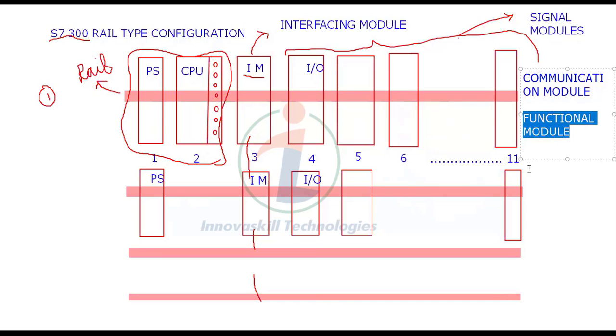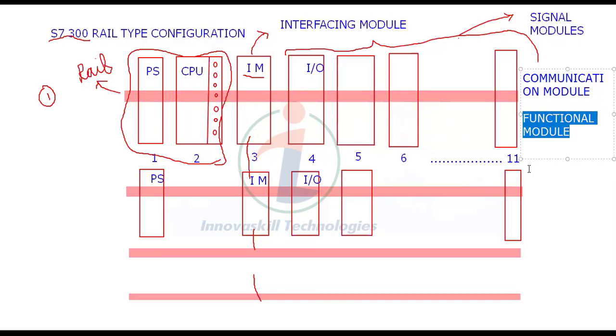In the same way, what is the functional module? A functional module will do some predefined function, that is a separate function. For example, if I want to connect a temperature measuring device, its output will be in some other range, for example 4 to 20 milliamps. Just assume that 4 to 20 milliamps is not supported by the modules we have.